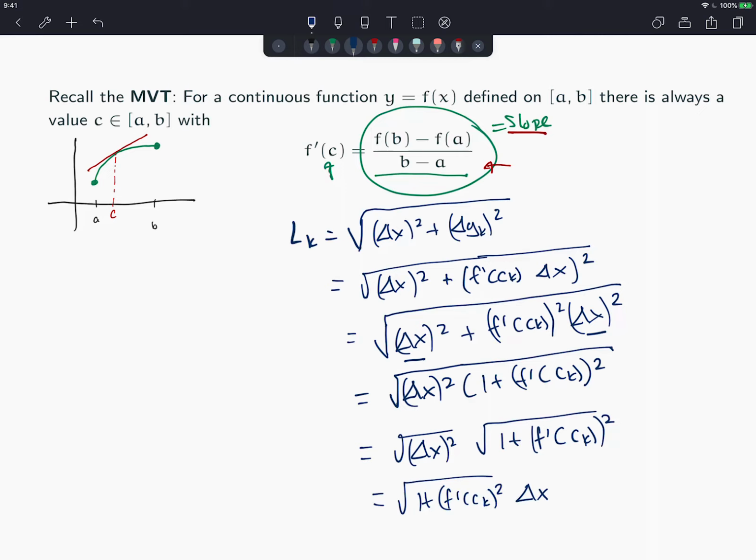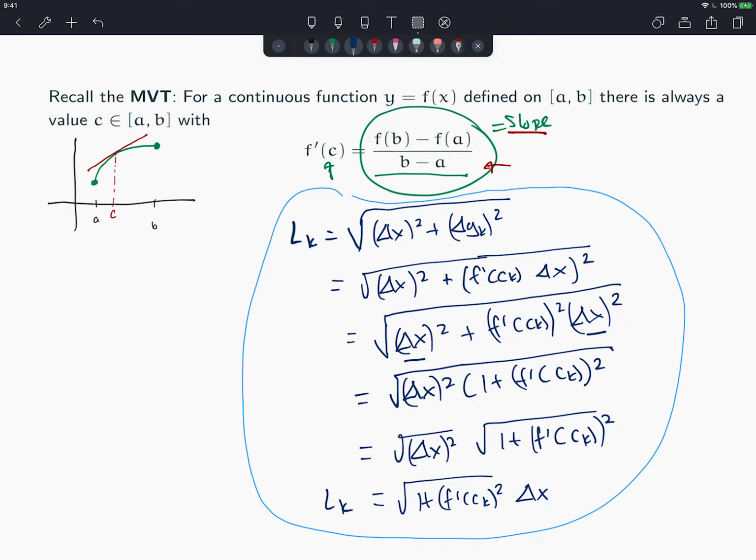Okay, so I did all the work here to get this expression for Lk. So remember, Lk is the length of one of these tiny segments. And now we're ready to write this as an integral.